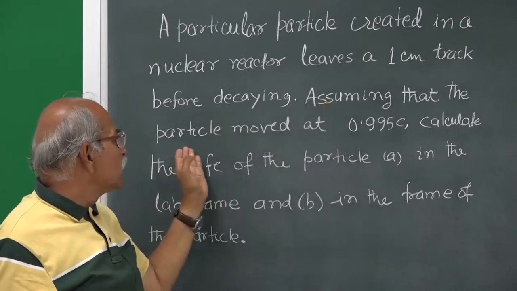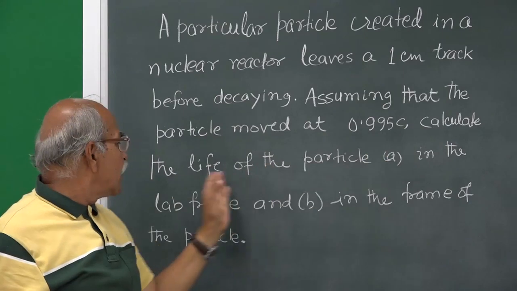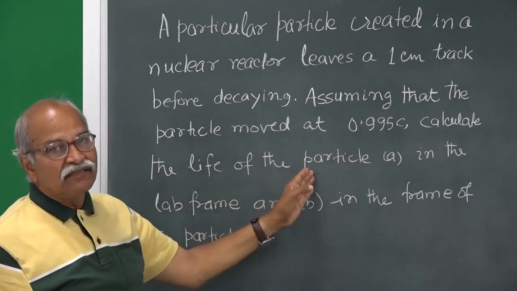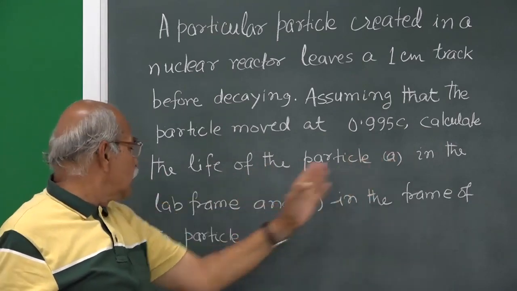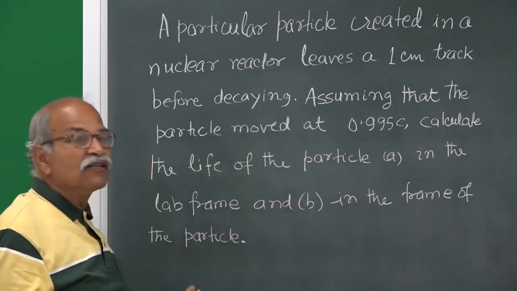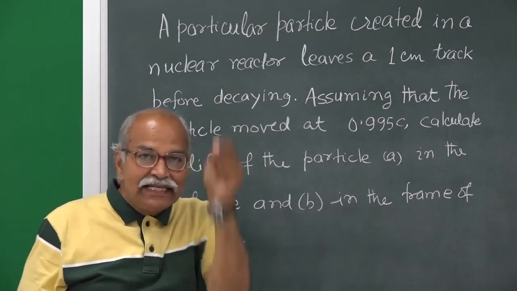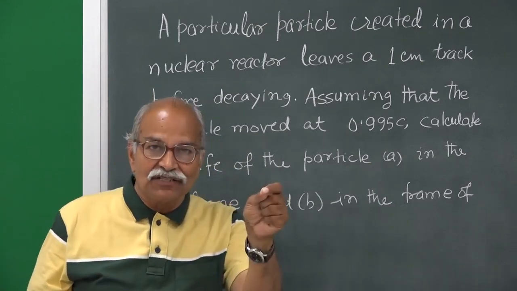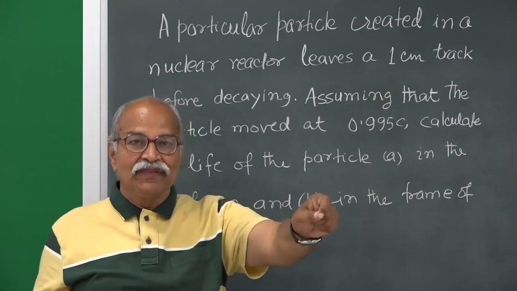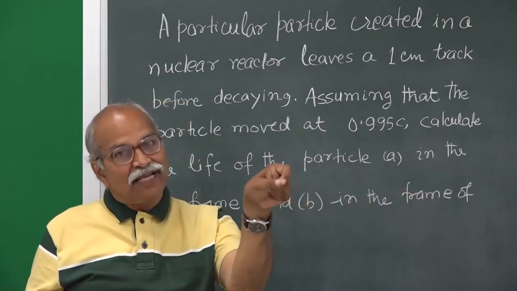Assuming that the particle moved at 0.995 c, calculate the life of the particle, one in the lab frame and then second in the frame of the particle. So, when the particle is created, the track starts because the particle is moving, and when the particle decays, that particular track is terminated.